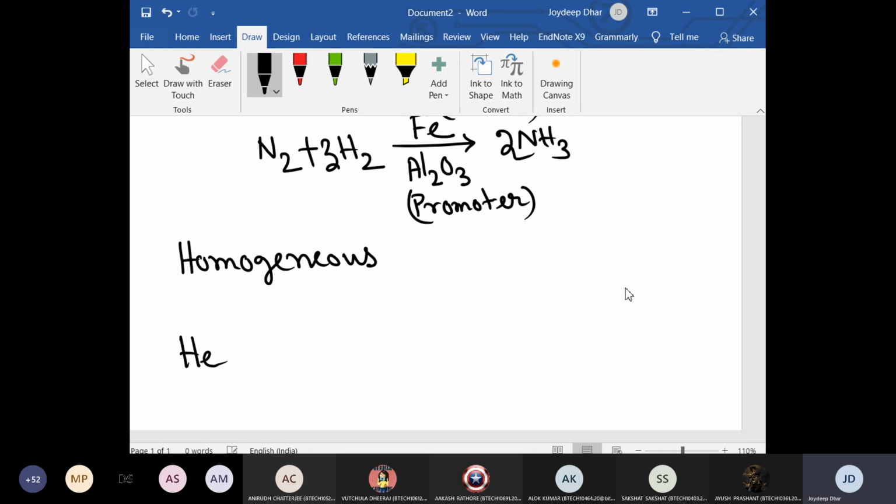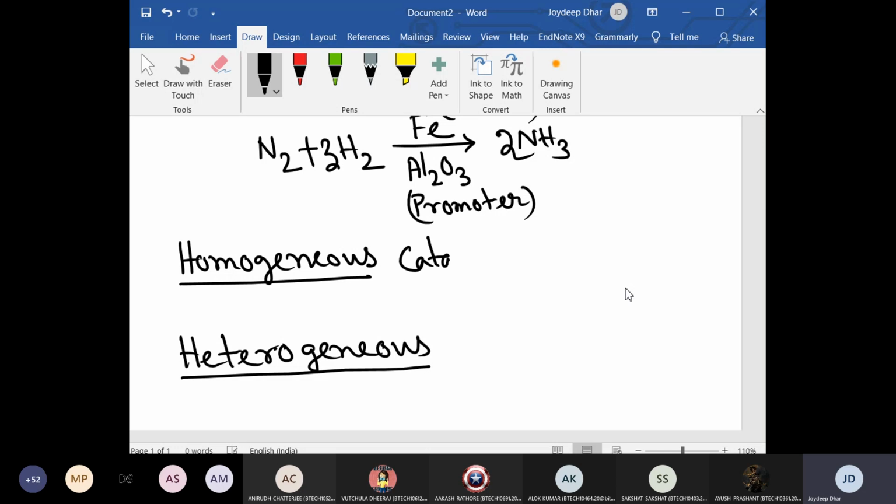Another is heterogeneous catalysis or catalyst. So if I say the process is catalysis, the catalyst is either homogeneous or heterogeneous.